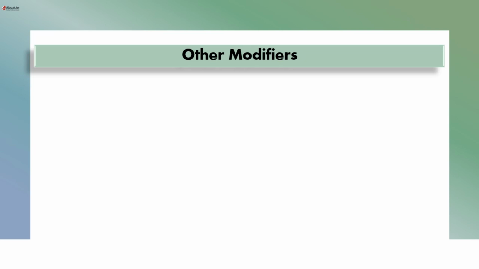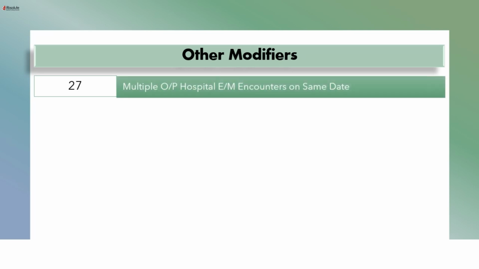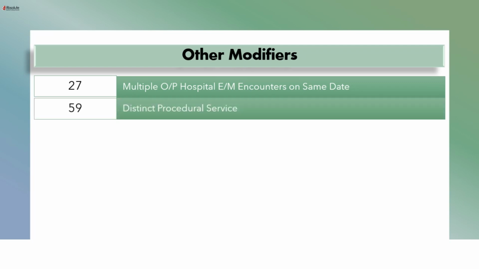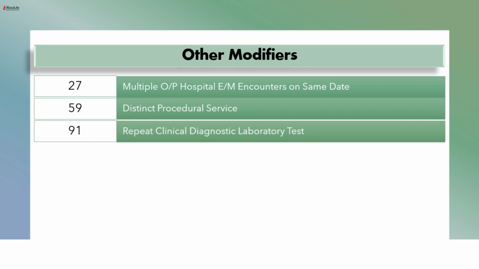And here are some other modifiers that can be used to bypass edits. Modifier 27 is used to indicate multiple outpatient hospital E&M encounters on the same date. Modifier 59 is distinct procedural service. Modifier 91 is repeat clinical diagnostic laboratory test.